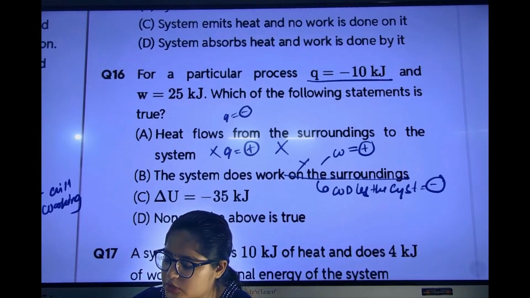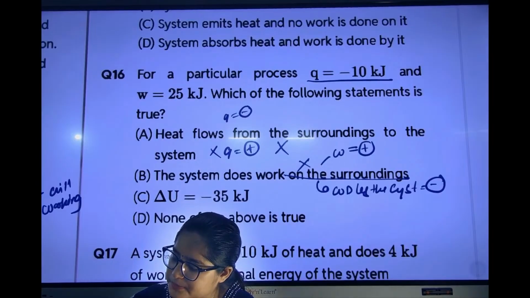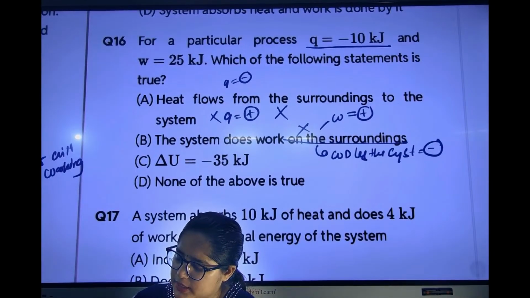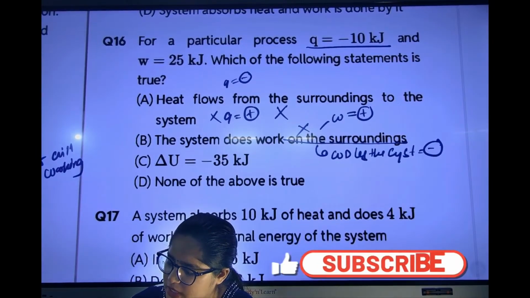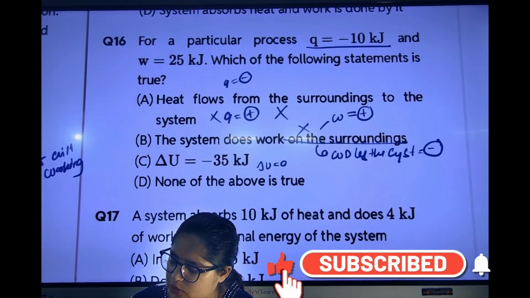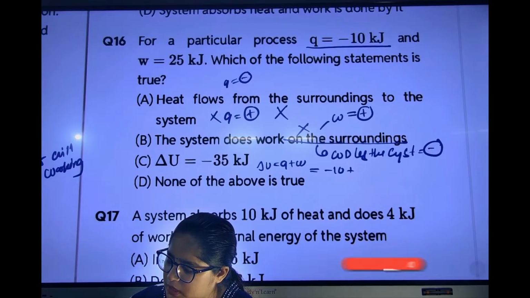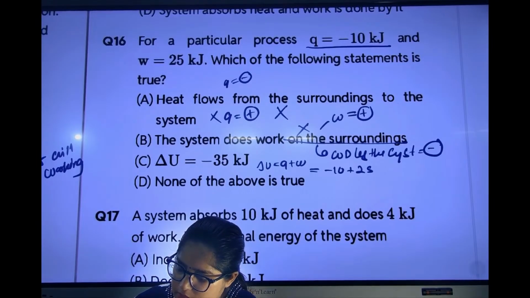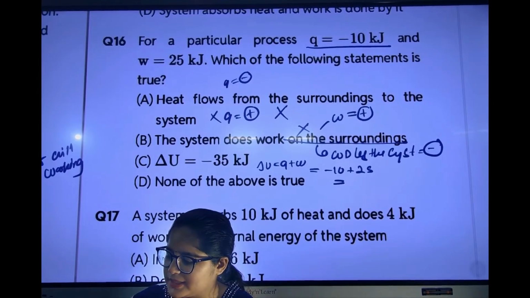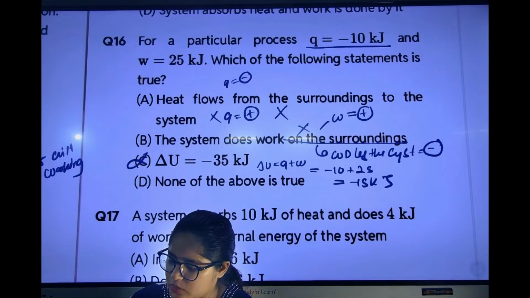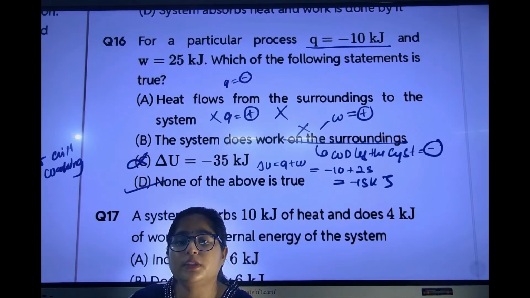So this option is also wrong. Delta U is minus 35 kilojoule. Let me check: delta U equal to Q plus W. Q is minus 10, W is 25. So it is not minus 35, it comes to 15 kilojoule. So option C is also wrong. So what will be the right option? None of the above is true.